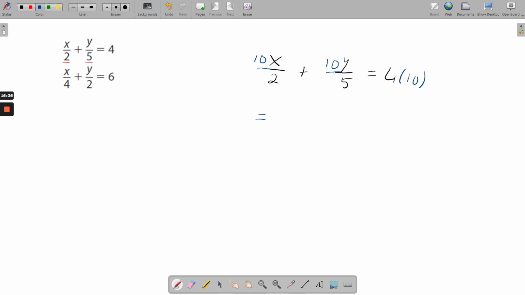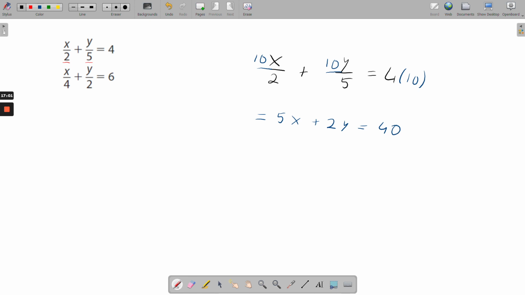We come down to our next line, the 2 right here is going to divide into the 10, so 2 goes into 10, it gives us 5. So we're going to end up with 5x there, plus the 5 goes into the 10, that's going to give us 2y, and this is going to be equal to 40. So we have the first one there done for you already.